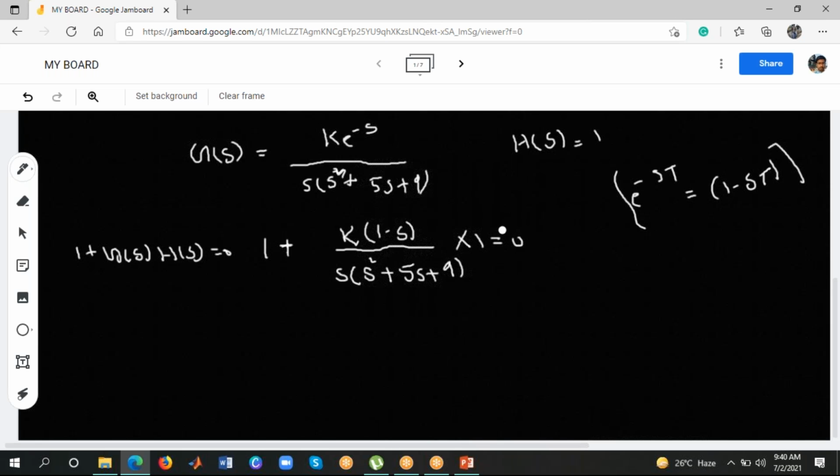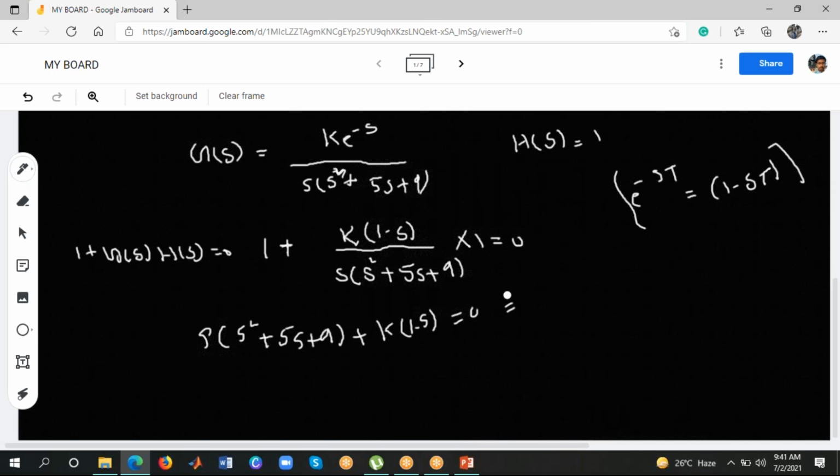Now if we simplify this, the characteristic equation you will get: s into s square plus 5s plus 9 plus k into 1 minus s equals to 0.